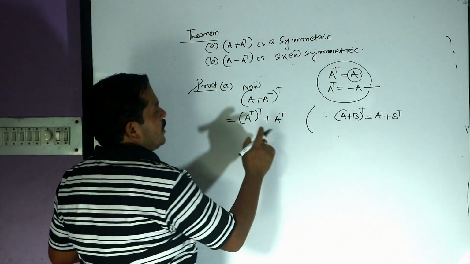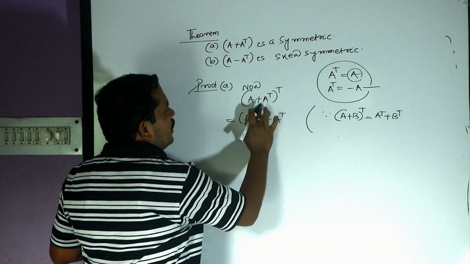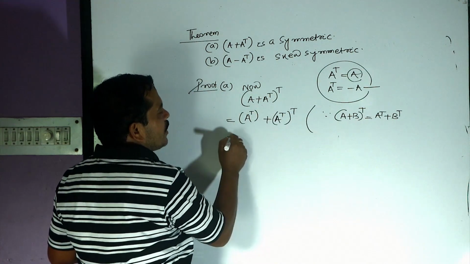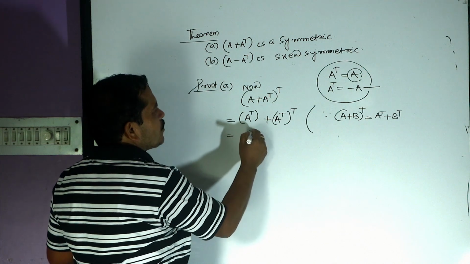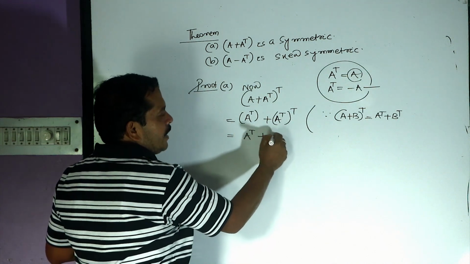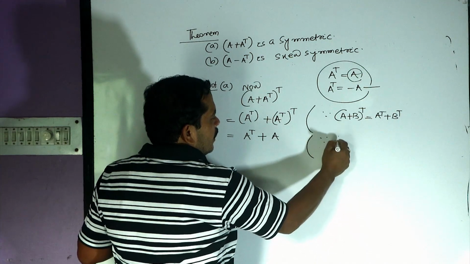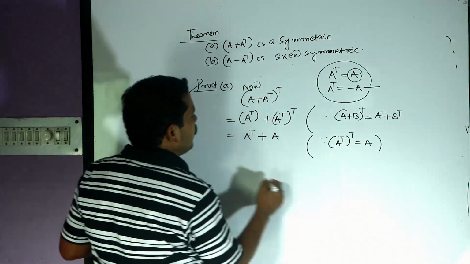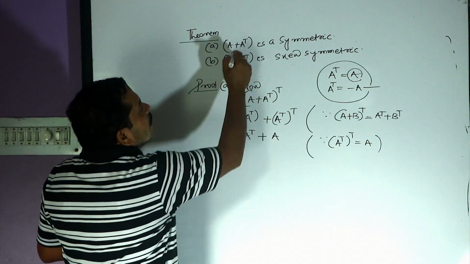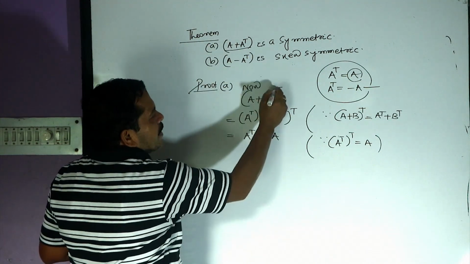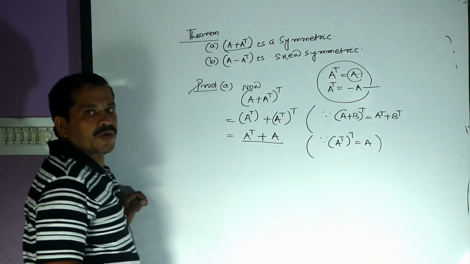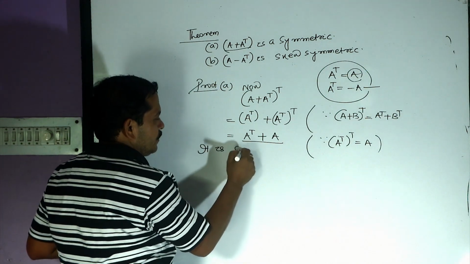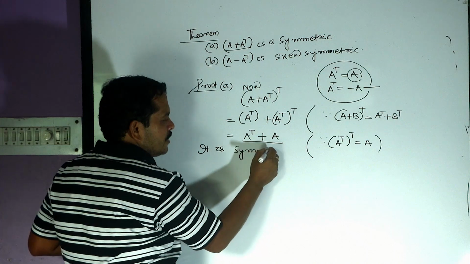By this result, it can be written as A transpose plus A, because transpose of transpose equals A itself. So the transpose of A plus A transpose is itself A transpose plus A. So it is symmetric.